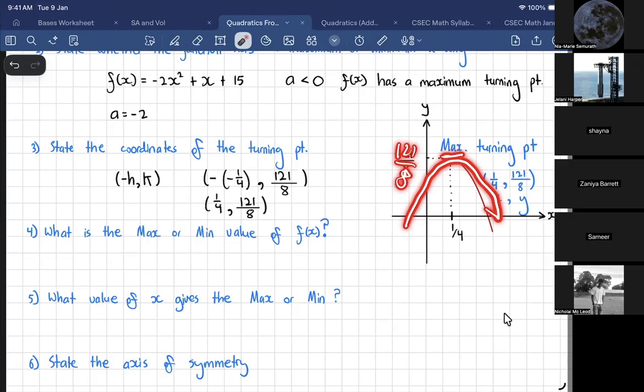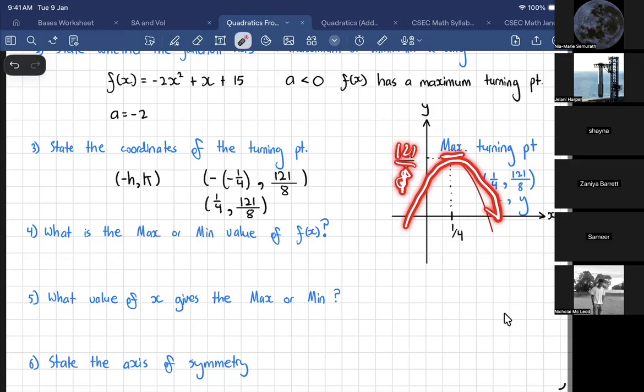And what would be the input to get that 121/8? Could anybody tell me? What would I have to put into the function to get 121/8? So here is my question again. 121/8 is the maximum output of the function.